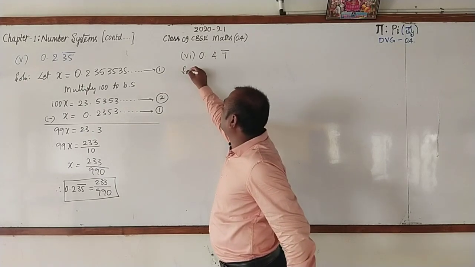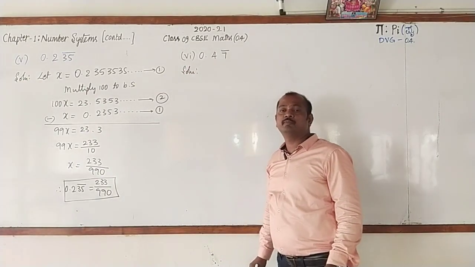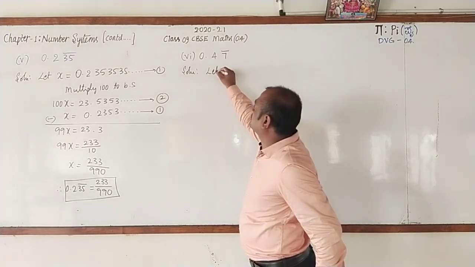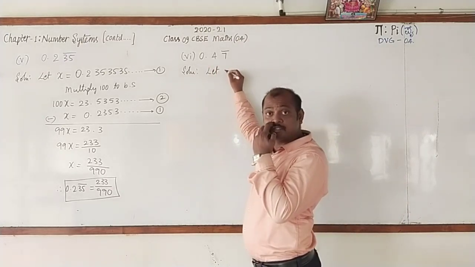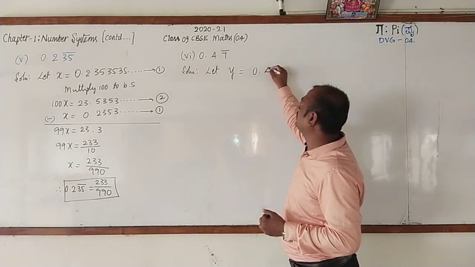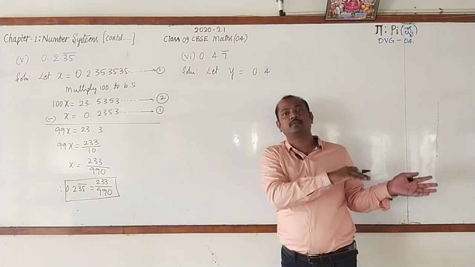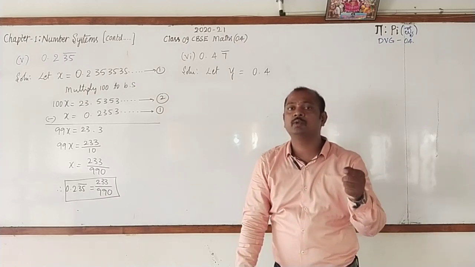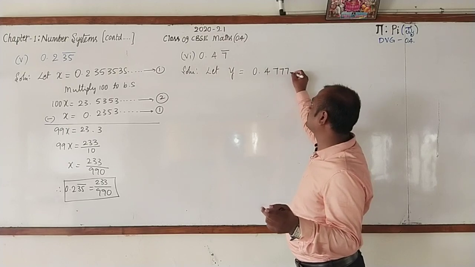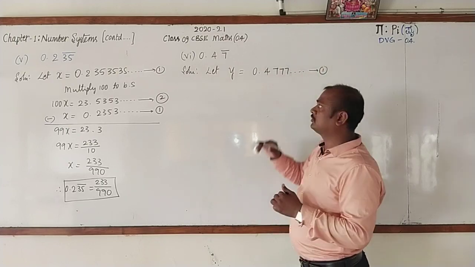Now, let us go for expressing this in the form of P by Q. This time I go for changing the variable. I take y. Let y equal to 0. Should we write 474747 and so on? No. Then what should be written? Yes, 0.477777 and so on. Call it equation 1.